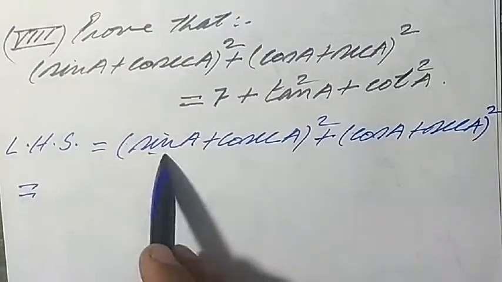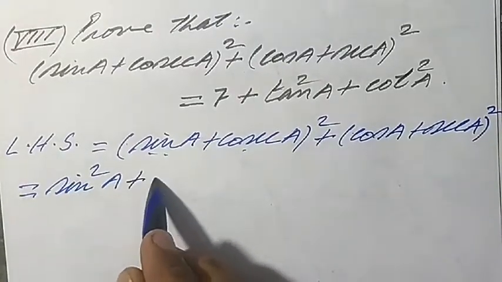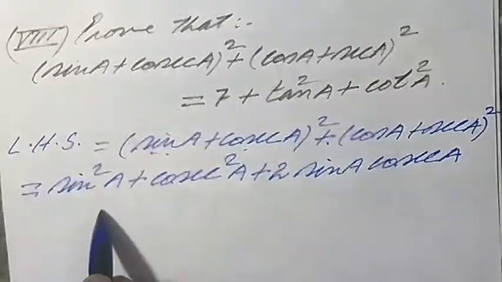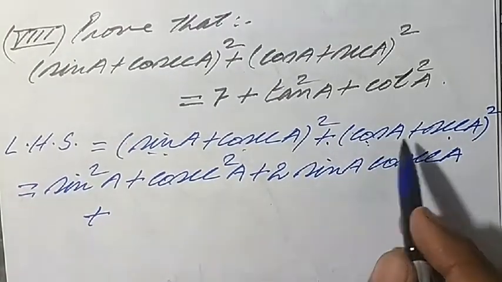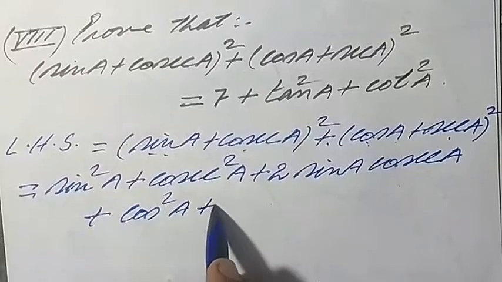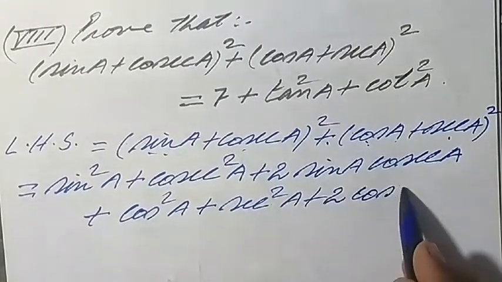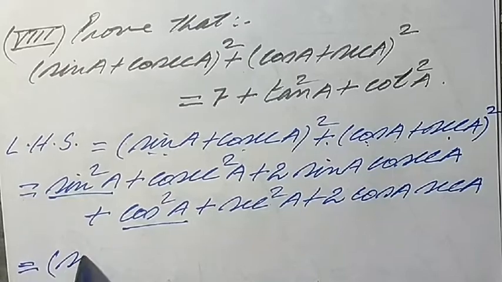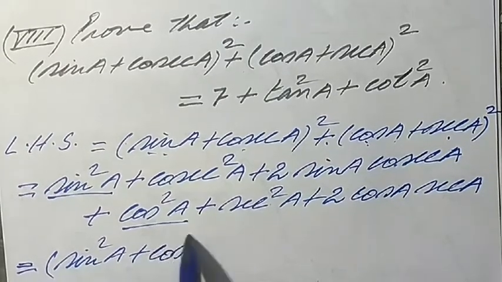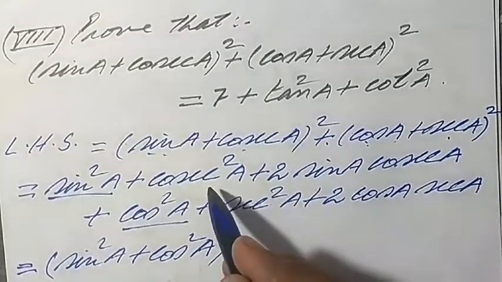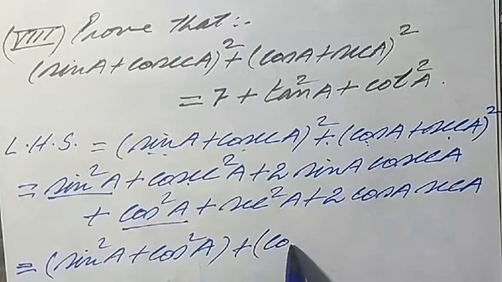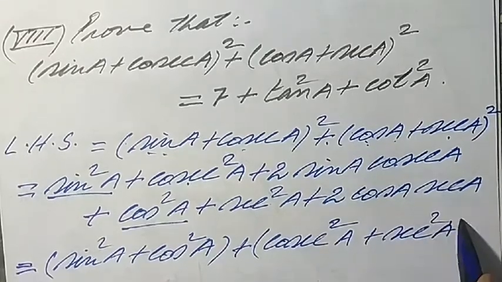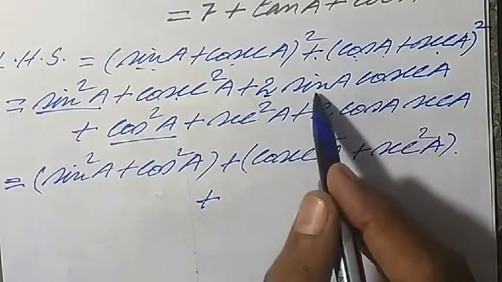Now opening this bracket by A plus B whole square formula, after that plus, and opening this bracket by the formula A plus B whole square, now rearranging the terms, we may write sine square theta plus cos square theta within a bracket all together, and we should group cosec square A plus sec square A, then plus, after that these two terms are left.